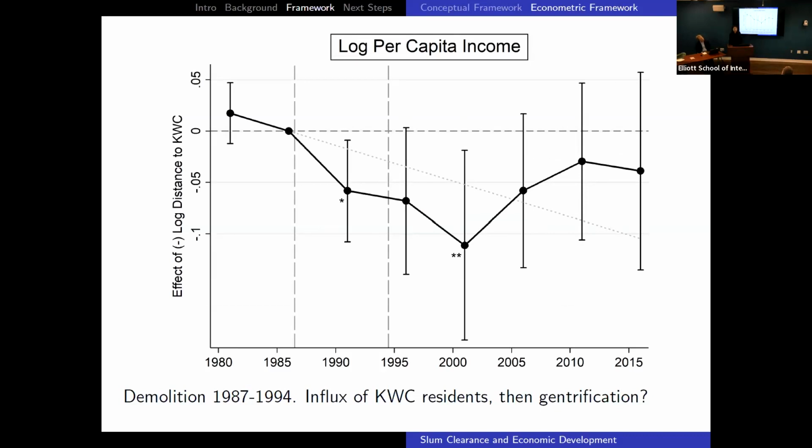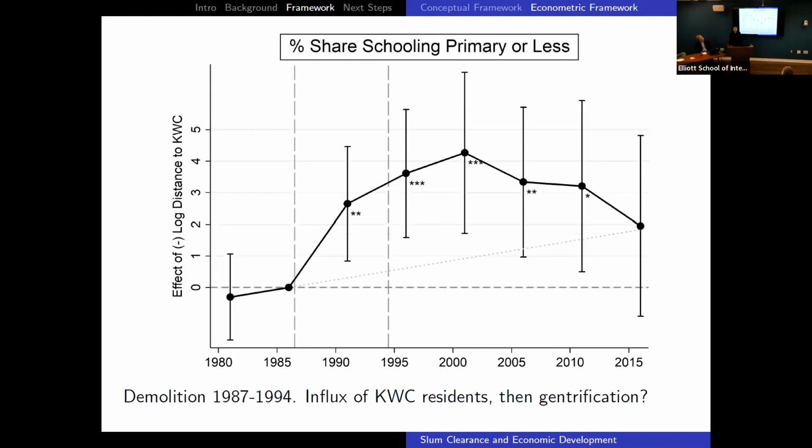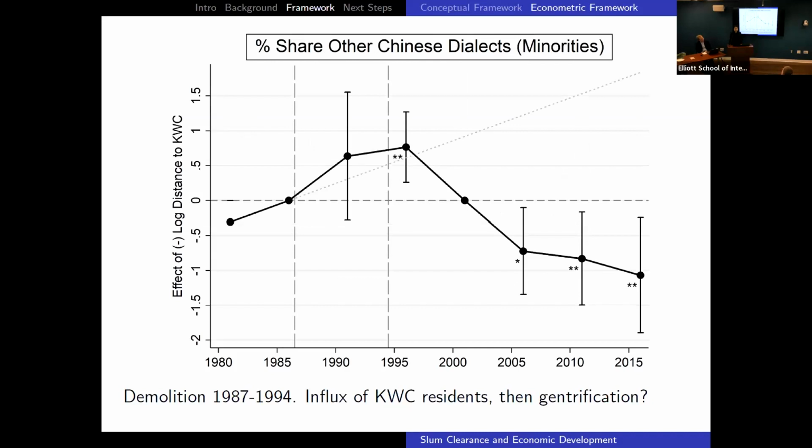We try to verify the gentrification by looking at other outcome variables as well, such as the population share with only primary school or below education. We saw over time a decrease of the share of this group. We also look at the population speaking other Chinese dialects, and we saw the population share decreased over time as well.